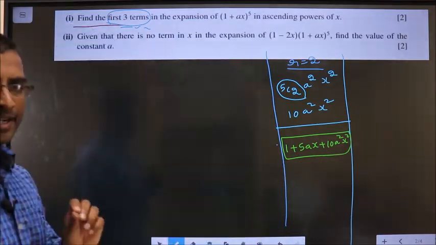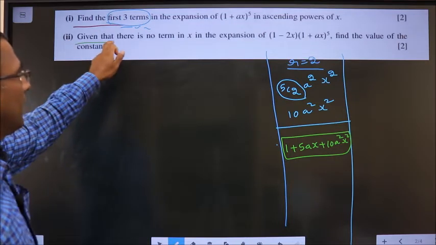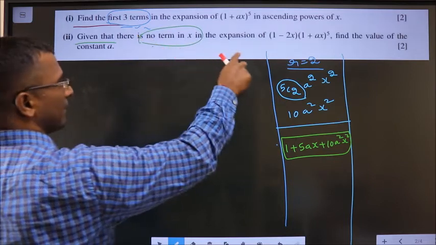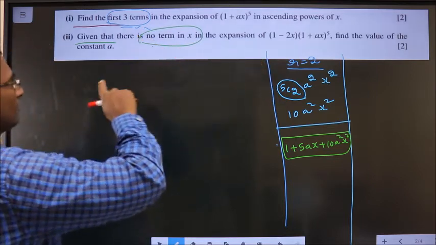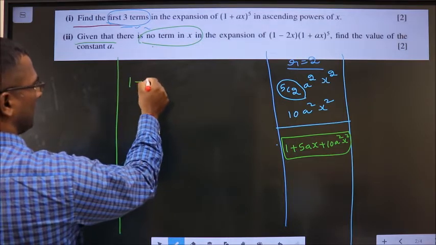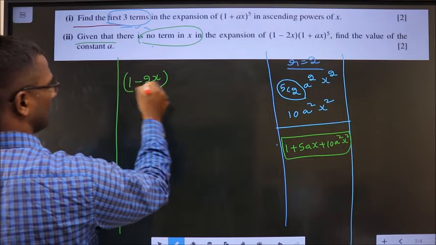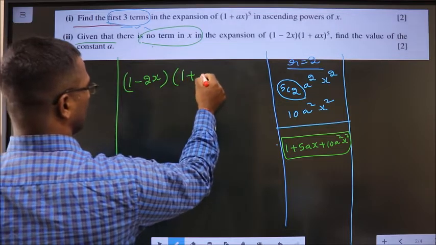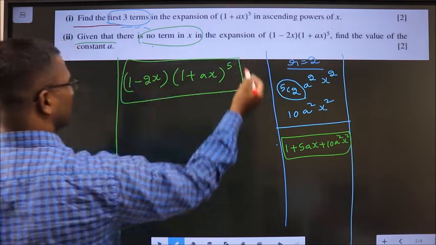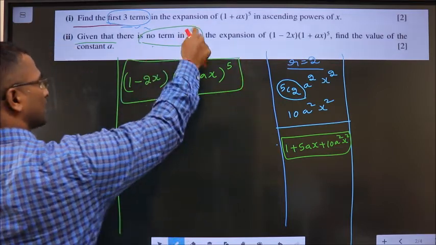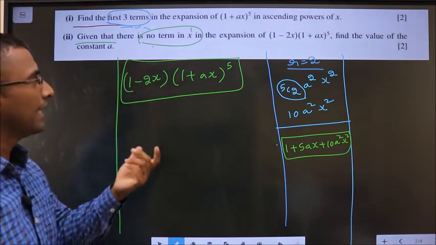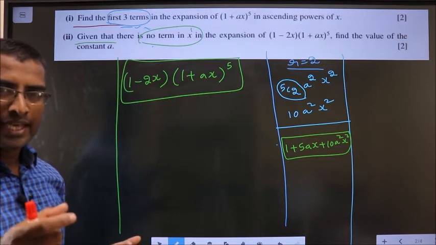Okay. Second bit. Given that there is no term in x in the expansion of (1 - 2x)(1 + ax)^5, find the value of the constant a. In this expansion, there is no term in x, meaning no x power 1 term.